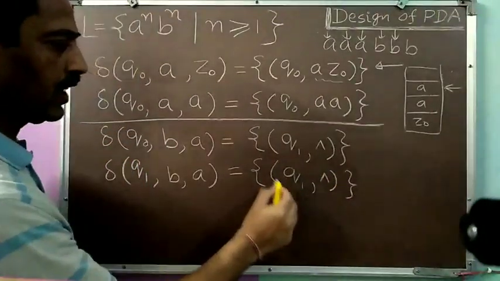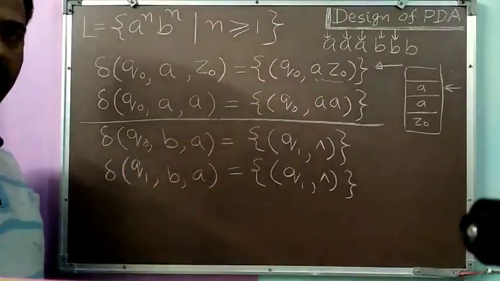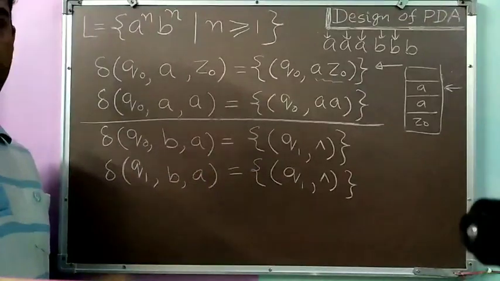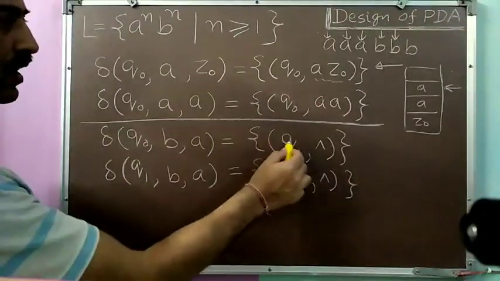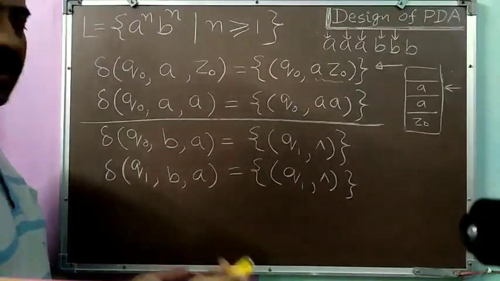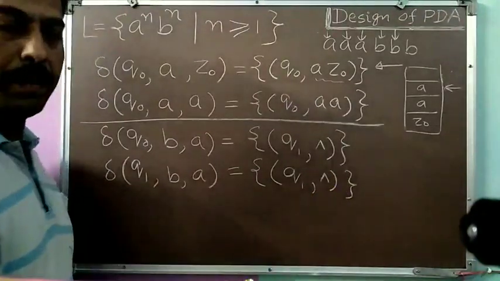Now here you can observe that I have not changed the state. Why have I not changed the state? Because the previous operation which I performed is also a pop operation, and the same operation I am performing. Because I am performing the same operation, I am not changing the state. I have come to the Q1 state, so I will remain in the Q1 state. For popping, I have to write simply null.